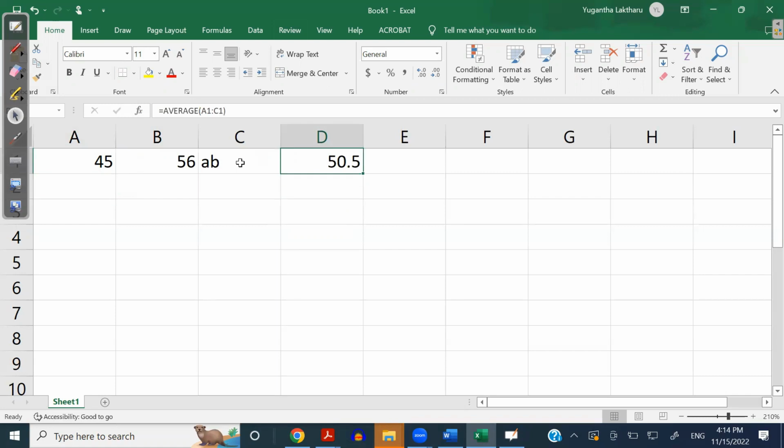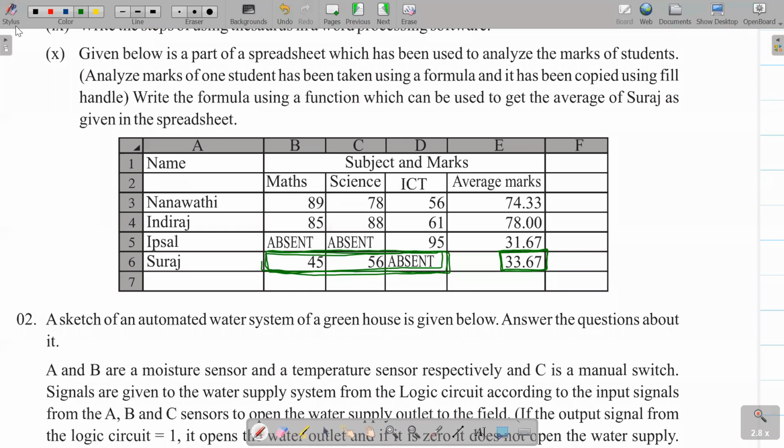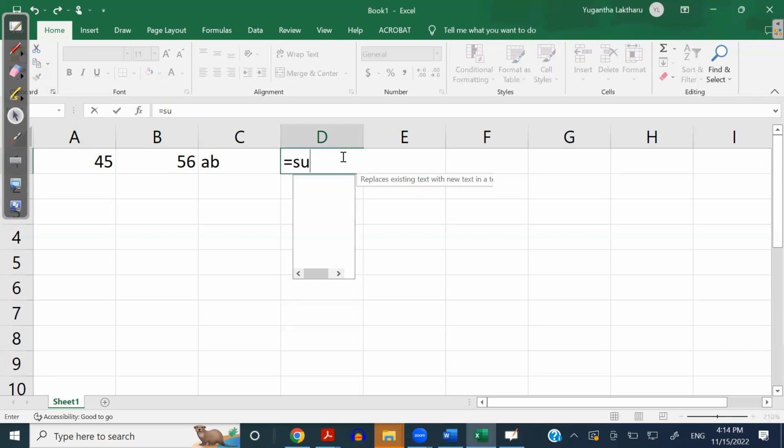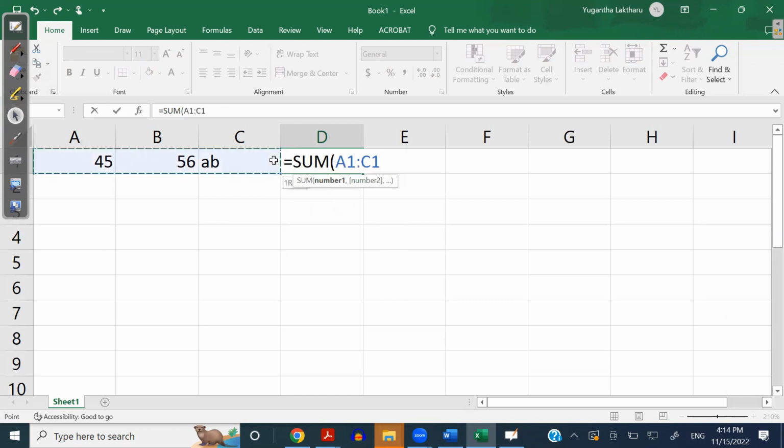Which is not the answer that you can see in your paper. It's 33.67. So to get that, you can use the sum function, equal sum, and you can give these three, or the A1 colon B1.